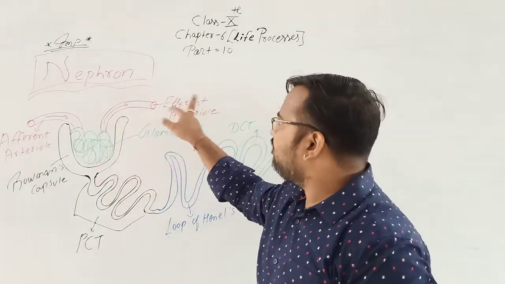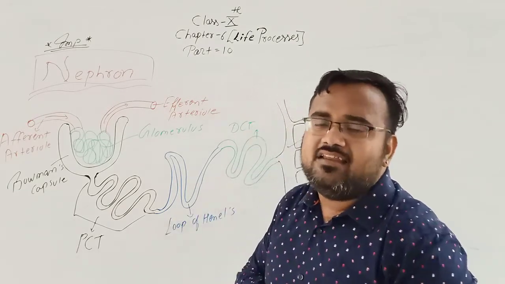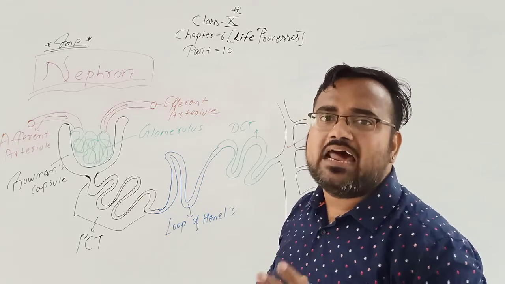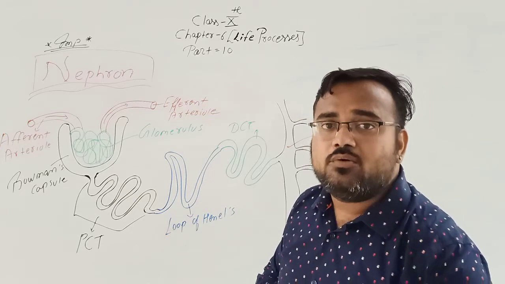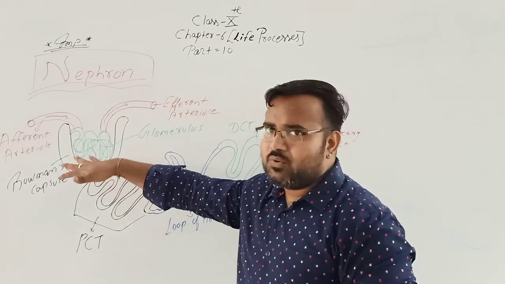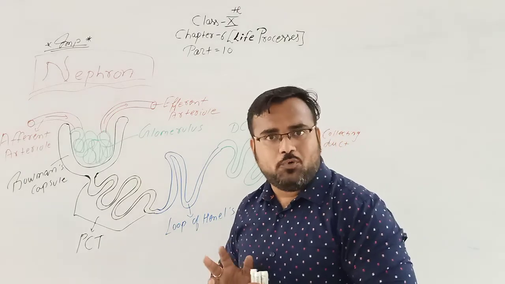They are carried on by the efferent arteriole. You know that in blood there are plasma, proteins, RBC and WBC. Plasma, proteins, RBC and WBC are not filtered here because they are essential elements for our body.